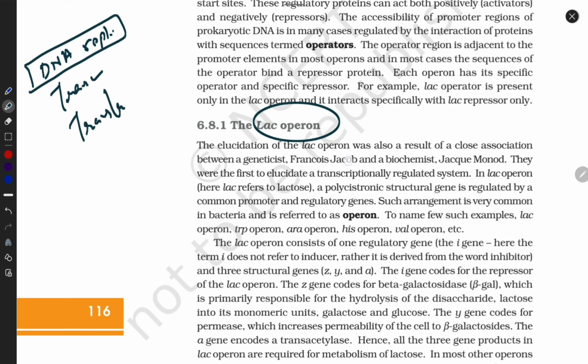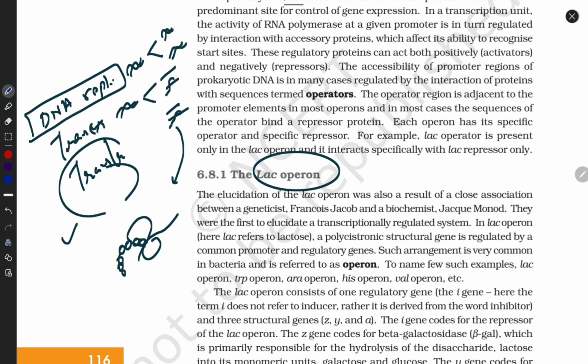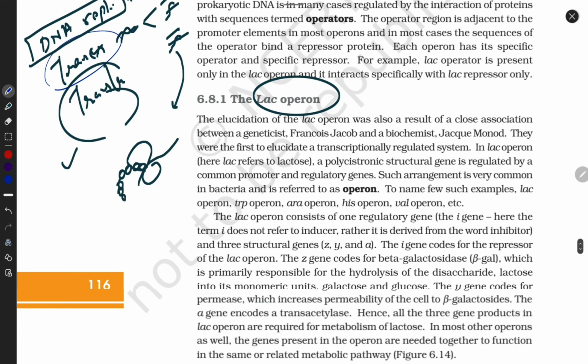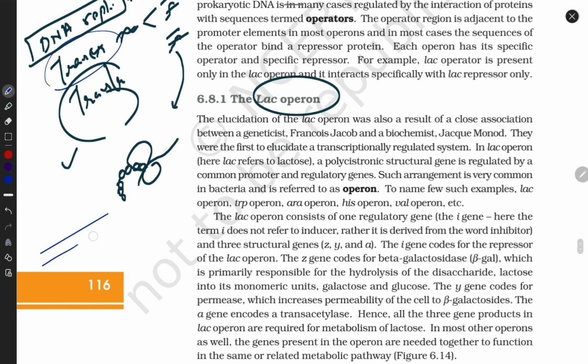In transcription, DNA is used to make RNA. What about translation? This mRNA, with the help of ribosomes, synthesizes what? Proteins.